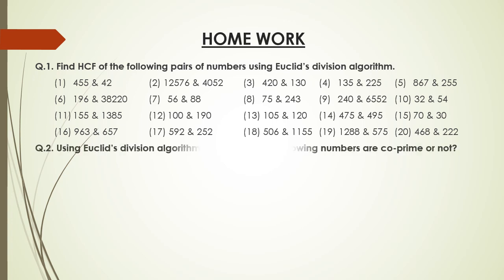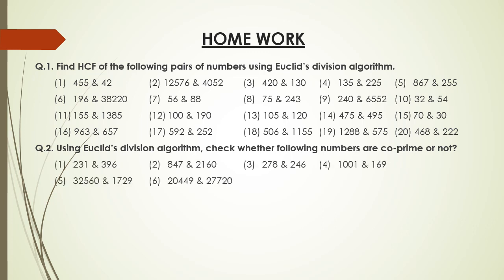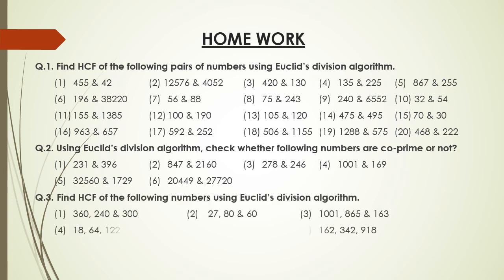The second question I have given, by using Euclid's division algorithm, you have to check whether the given pair of numbers are co-prime or not. Means again, by using the same method, we will find out HCF first. If that HCF is coming 1, we will write that the given pair of numbers are co-prime or relatively prime, and if it doesn't come 1, we will write they are not co-prime. The third question I have given is to find out HCF of 3 numbers together.